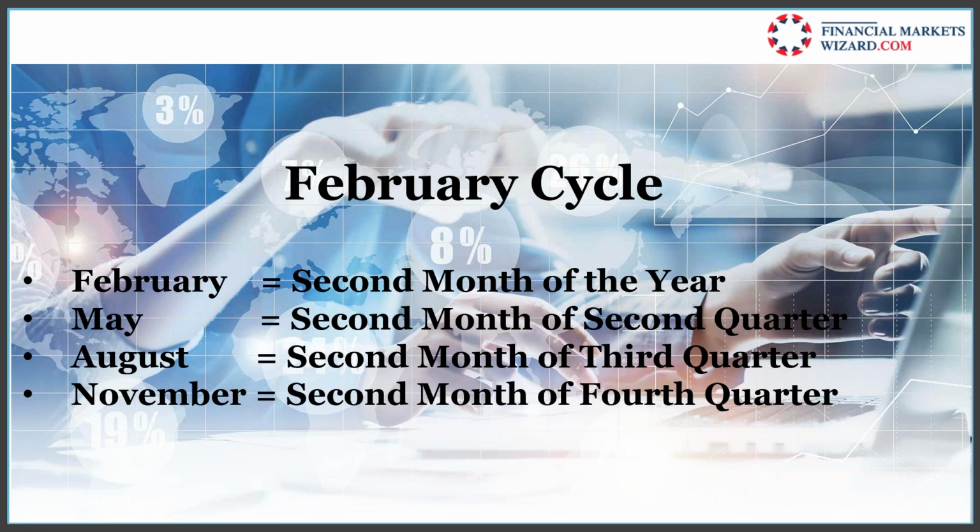So for February cycle, the logic says, because February is the second month of the year, they assign the second month of the second quarter, second month of the third quarter, and second month of the fourth quarter, which is February, May, August, and November. So every time you open an option chain and you see the month of August listed, you should know that August is the second month of the quarter.